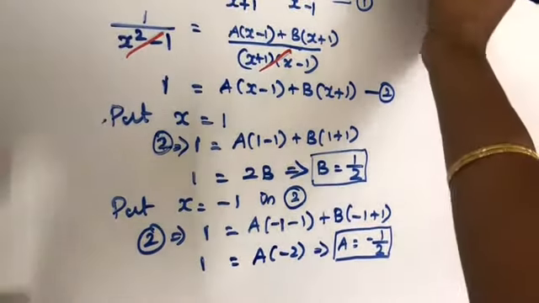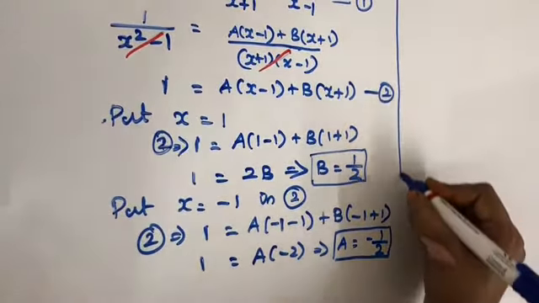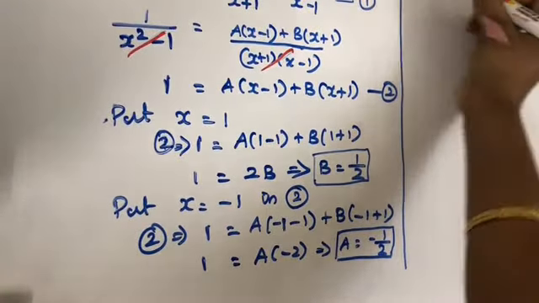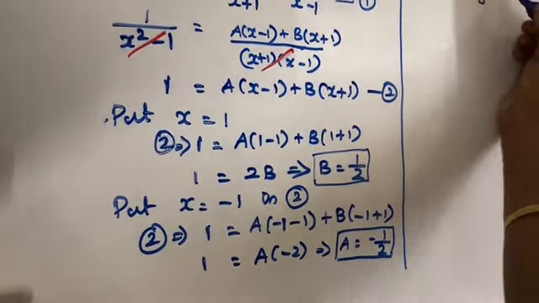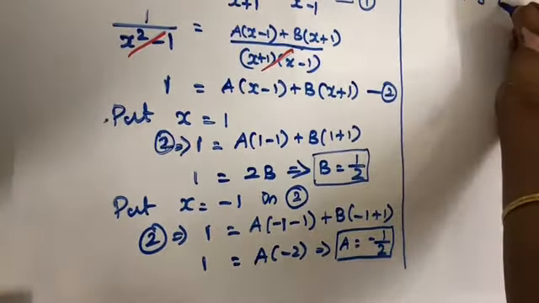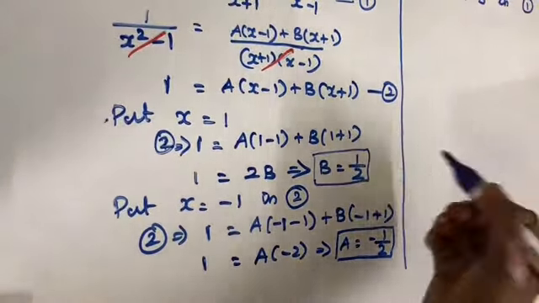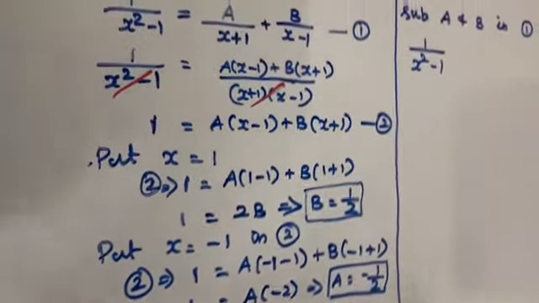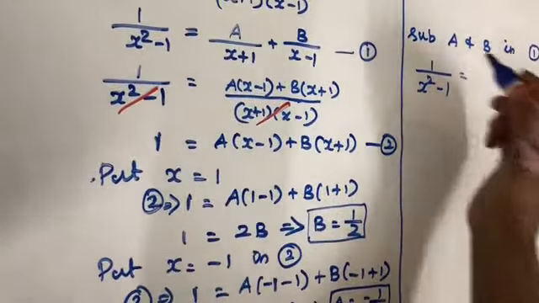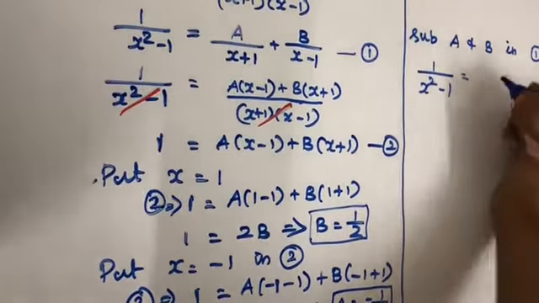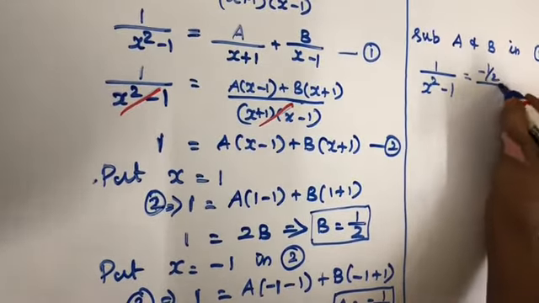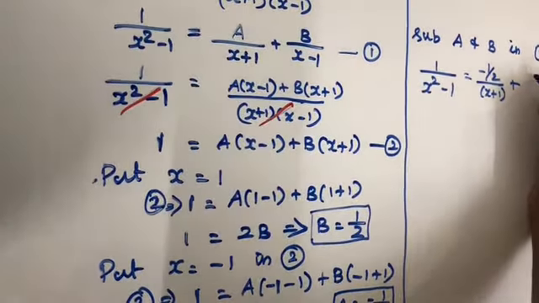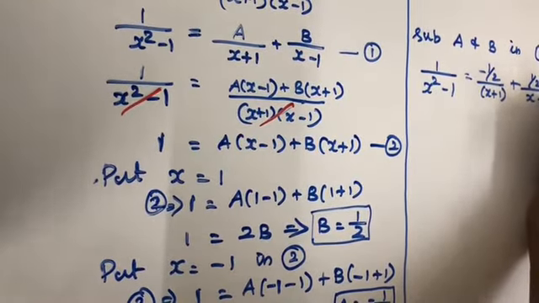Now substitute the values of a and b in equation 1. So equation 1 becomes 1 divided by x square minus 1 is equal to a is minus 1 by 2, so minus 1 by 2 by x plus 1, plus b is 1 by 2, so 1 by 2 divided by x minus 1.